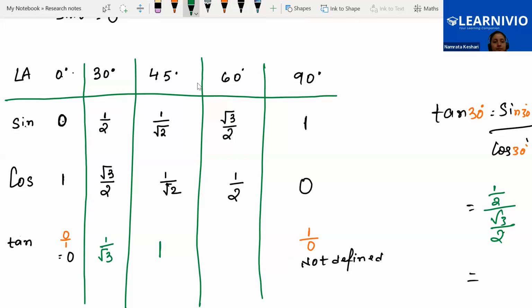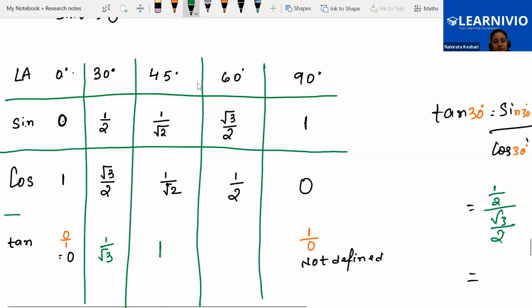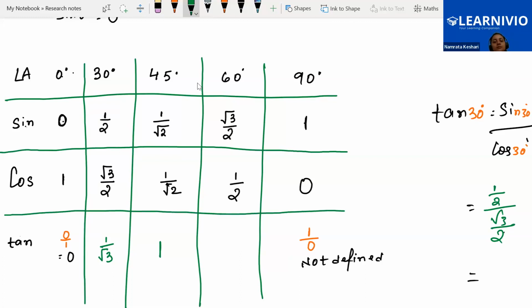Root 3. What did you say, Aisha? Root 3. Is it so? Check it. Is it so? You are getting the same? Yes or no?